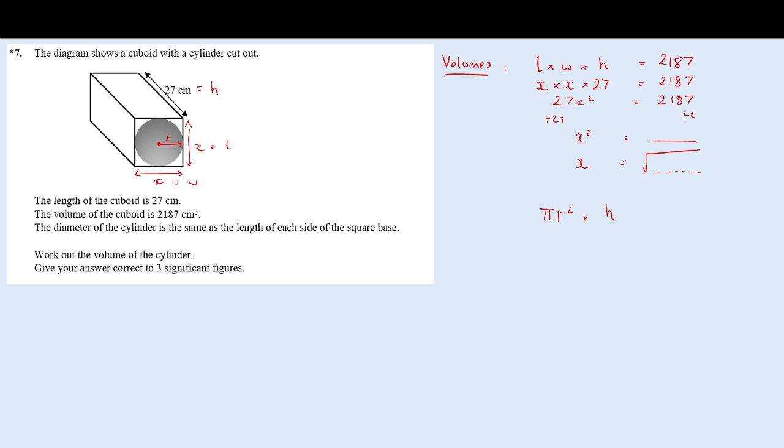Once I know what my radius is, I plug things into the formula to work out the volume of the cylinder. Generally, I would say that area and volume problems like this are approachable by using those small steps. Start with a formula, start with a piece of information that you've been given. What is your next small step? What can you do next?